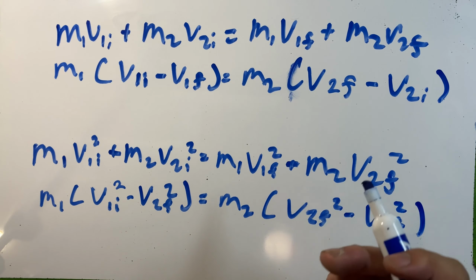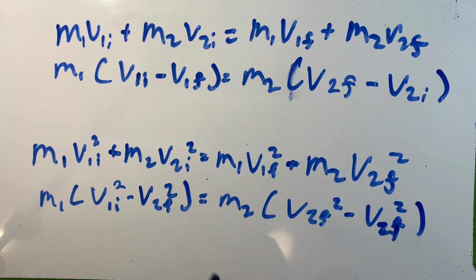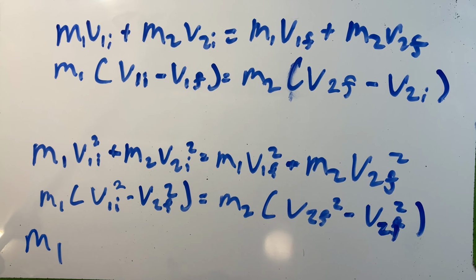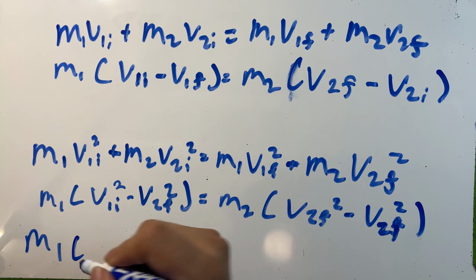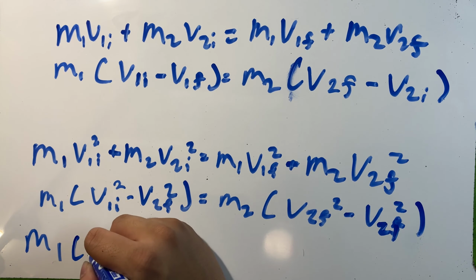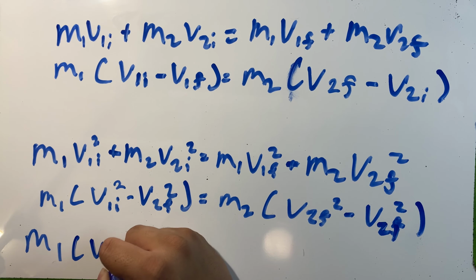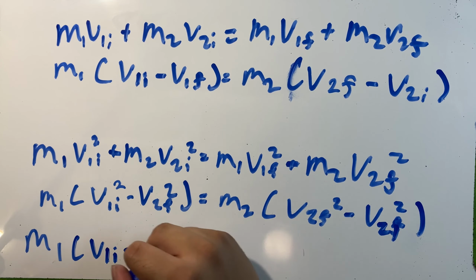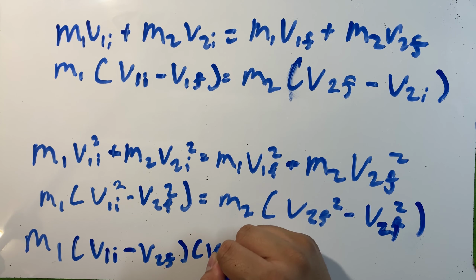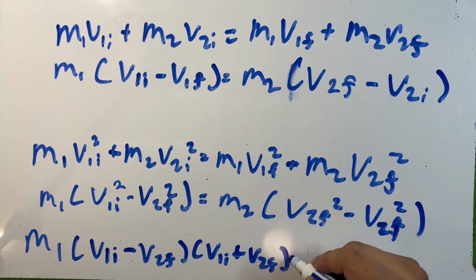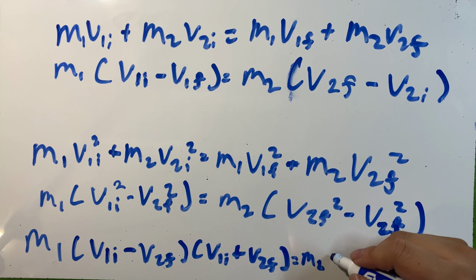And this is actually just the difference of squares. Well, anyways, all you need to know, if you remember this from algebra, is that it's going to be (V1i minus V1f)(V1i plus V1f), and you can go in and expand that out, but that's what it becomes.